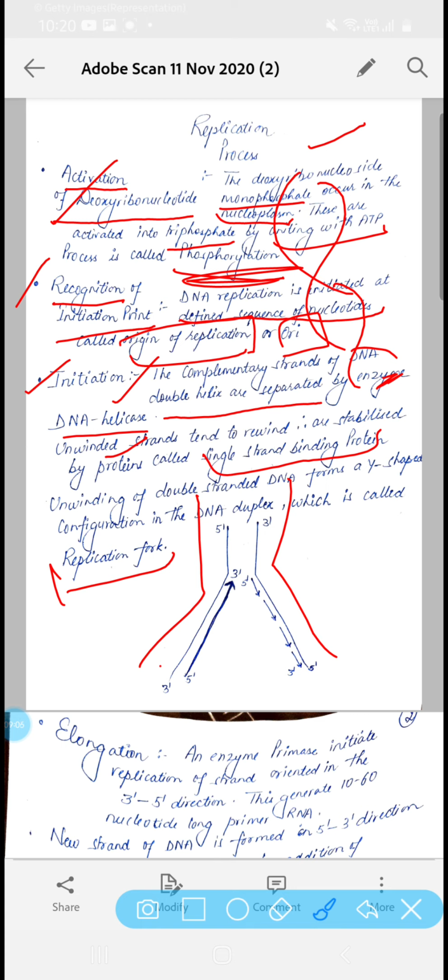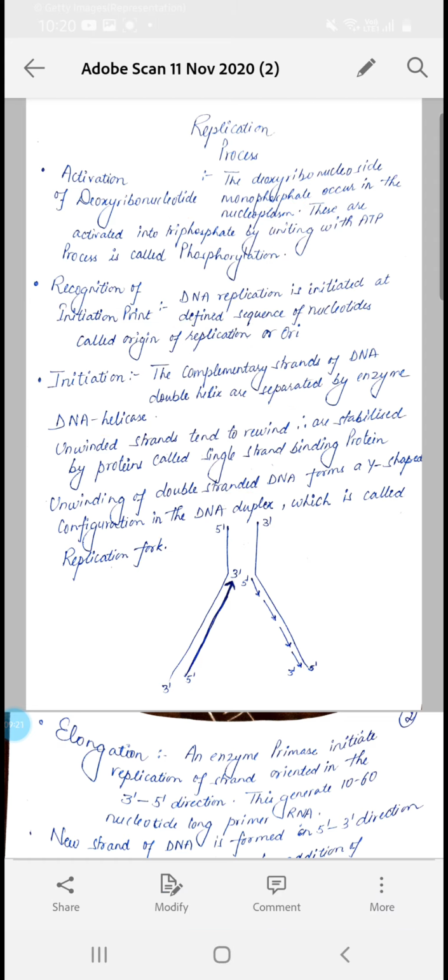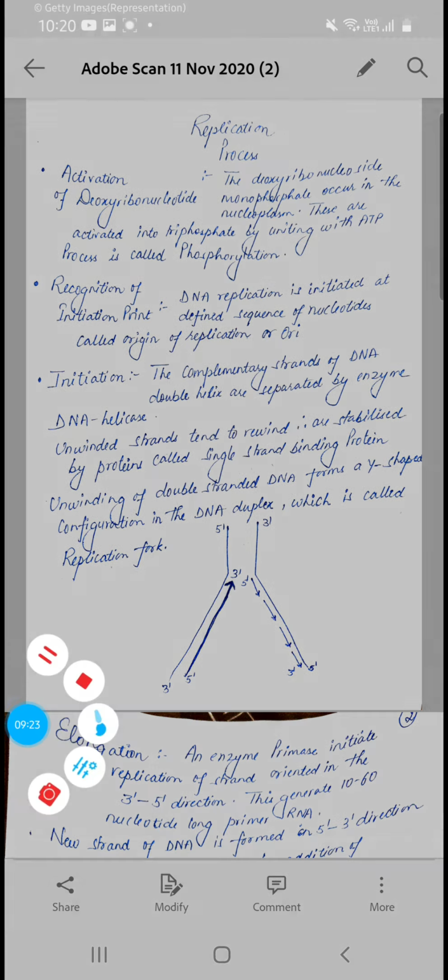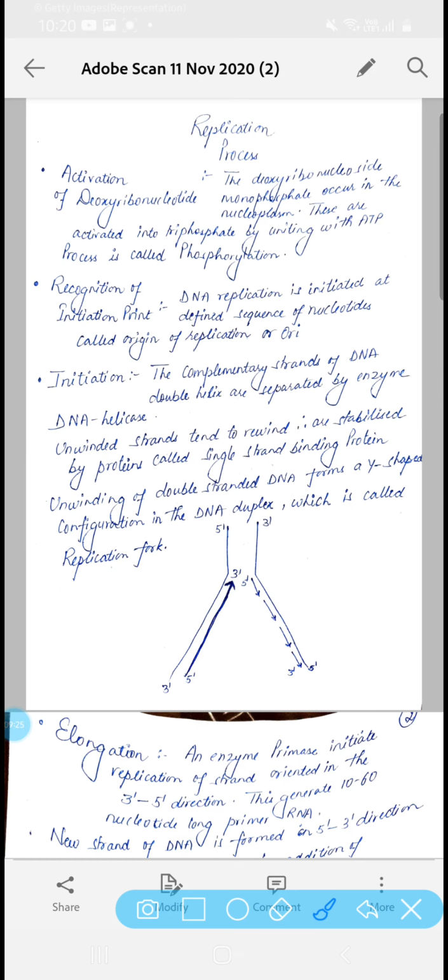So if in paper replication fork diagram comes, so it is also given in your book, the diagram of replication fork, and I have also made the diagram of replication fork. Okay, so here you have to remember that how the replication fork it looks like. Now it has two strands. First one is 3' to 5' strand and another one is 5' to 3' strand.